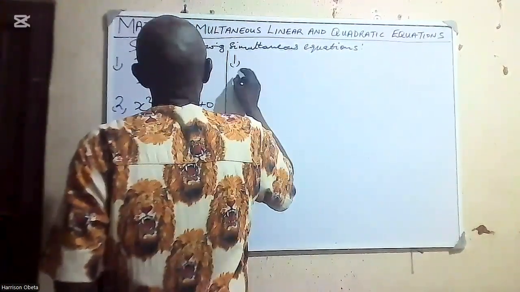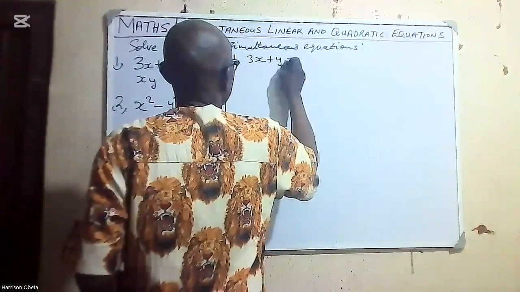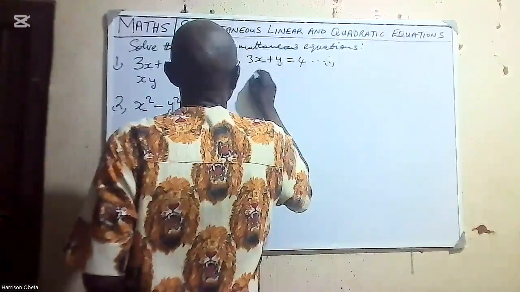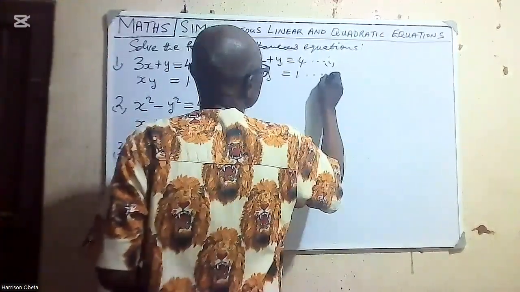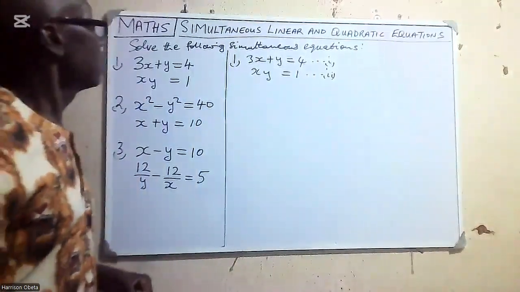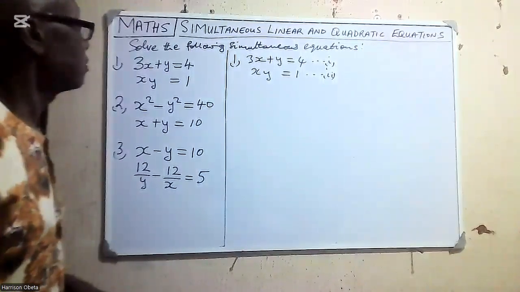Number 1, we have 3x plus y equal to 4. Then xy is equal to 1. Now, if you look at this, you saw that we can form equation 3 from 1.